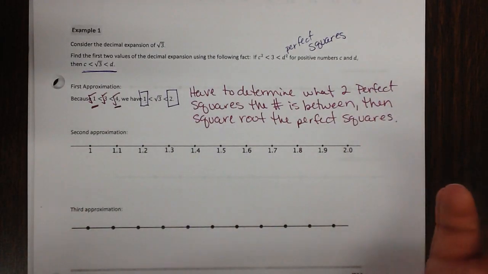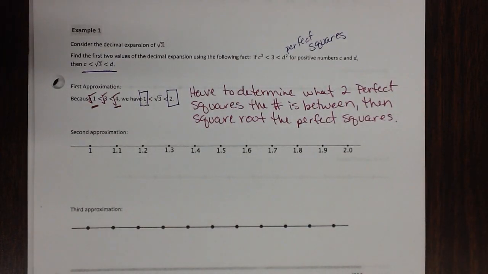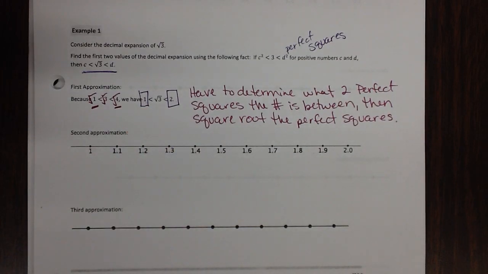Now, we want to get an idea of what it is, so this is where we're going to use the calculator a little bit, but not depend on it, because we're just doing an estimation. So grab your calculator, and so it's between 1 and 2, so we're going to do a little estimation.